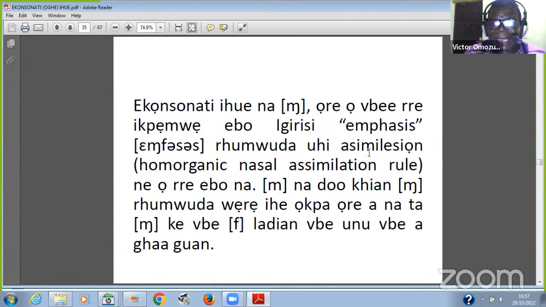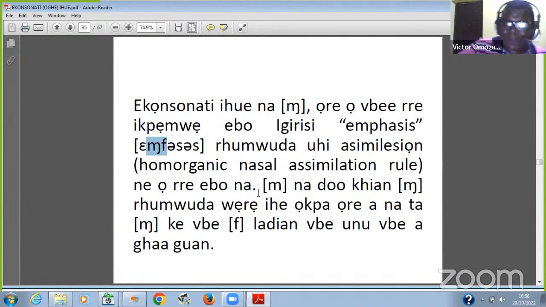You see, this M, the letter M there, because in the English rule, what we call homorganic nasal assimilation, it's going to have the same place of articulation as the following oral consonant. In this case, it is the phi, the sound phi, and so you have emphasis.